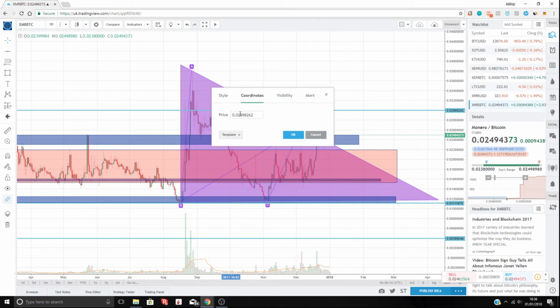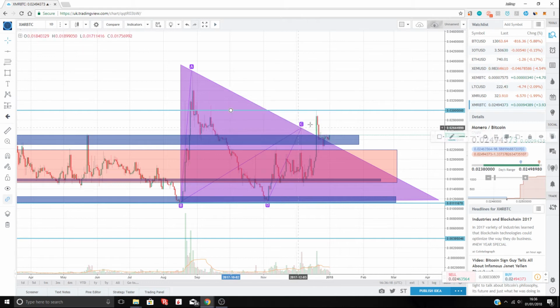Let's make it as precise as possible. There you go. And then beyond that, you've got the all-time high at 0.038 right there.